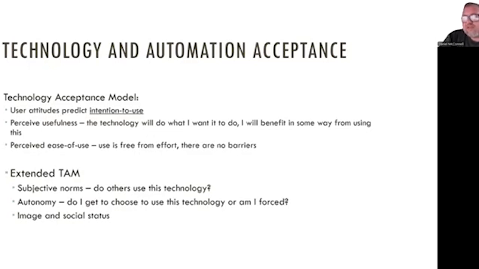And so if they force me to wear these things because they want to detect if I'm living a healthy lifestyle, and if I'm living a healthy lifestyle, maybe they'll charge me less for my health insurance than if I'm not, then maybe I feel that I don't really have a choice in this matter. And this feels very invasive. And now I have a very negative impression of the technology, right? So my choice in the matter is very important here.